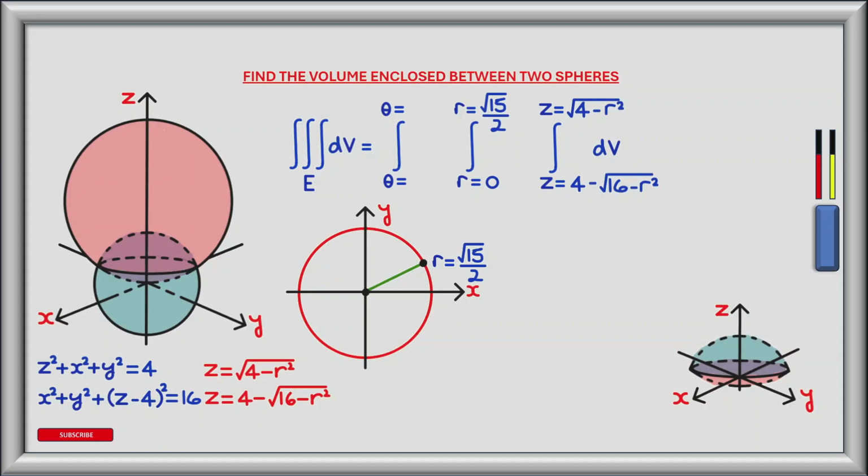The upper limit of integration for r is the radius of the circle, so where r is equal to the square root of 15 divided by 2. And as r begins at the origin of the circle, the lower limit of integration is where r equals 0. And to find the limits of integration for theta, we need to look at the coverage as r rotates counterclockwise around the circle.